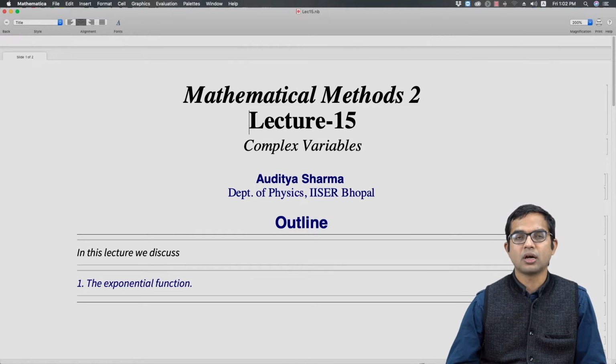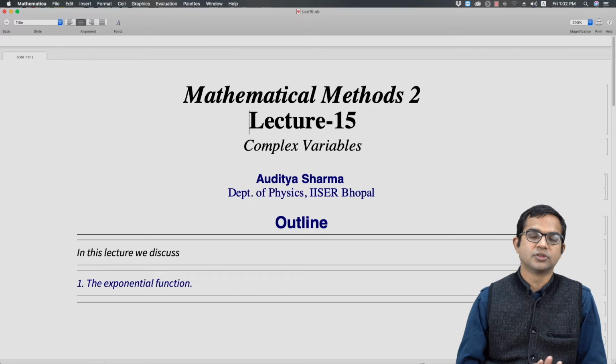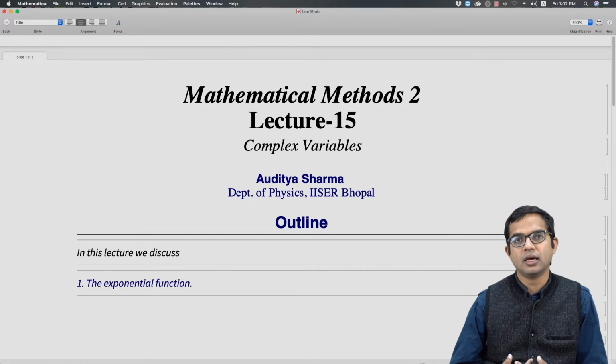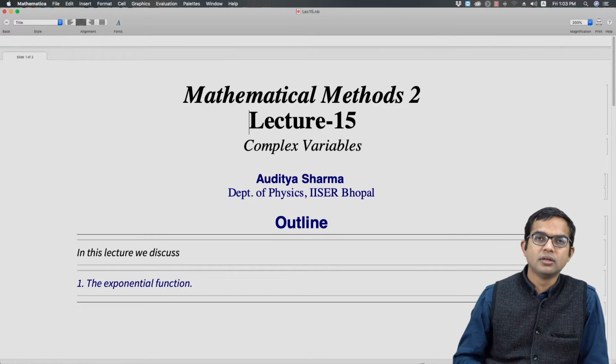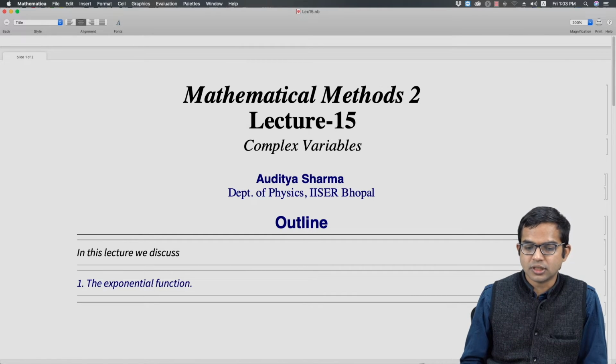So we will look at how to start with the exponential function for a real variable and generalize it so that it remains analytic in as large a region as possible. We will also look at a similar exercise for many other functions as we go along. But in this lecture, it's all about the exponential function.